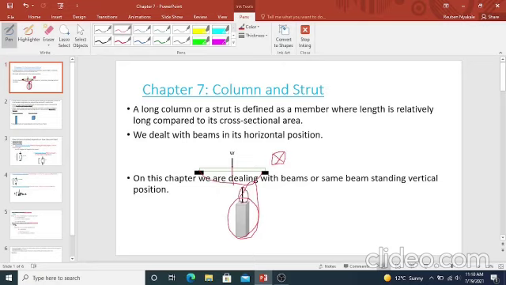When the force is applied directly on this column, the beam will bend. The length would be affected.